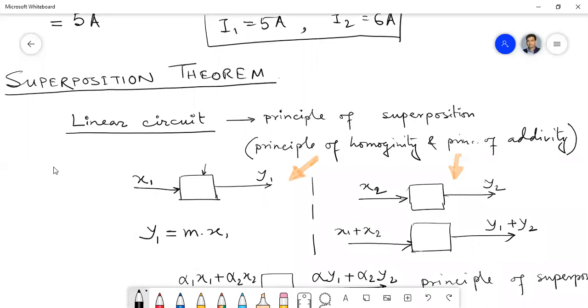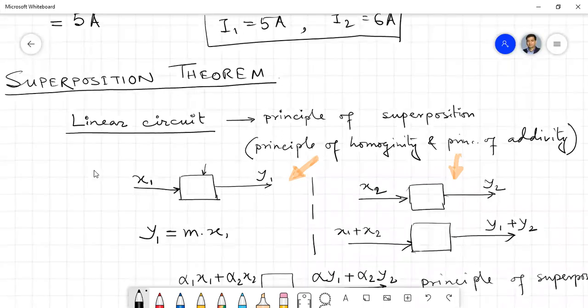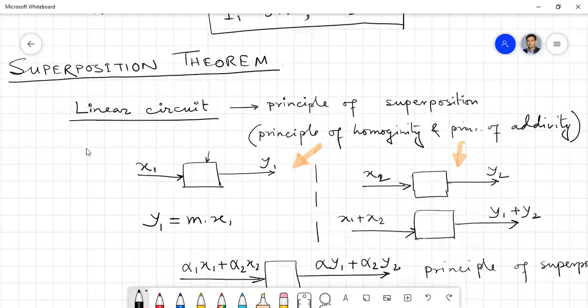And this principle of superposition is applicable for all linear systems, not only electrical circuits, as I told in the last class, that this principle of superposition is a test for checking the linearity of any system. Now, when we discuss an electrical system, we generally refer to it as a circuit. When we take an electrical circuit, this same principle of superposition becomes the superposition theorem.